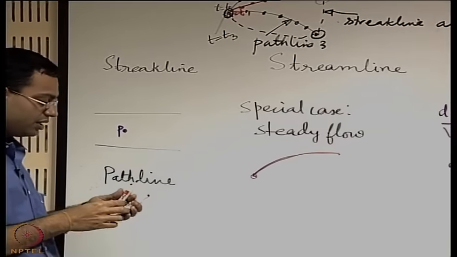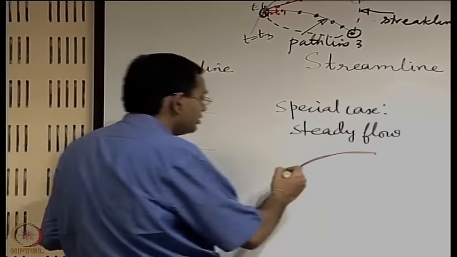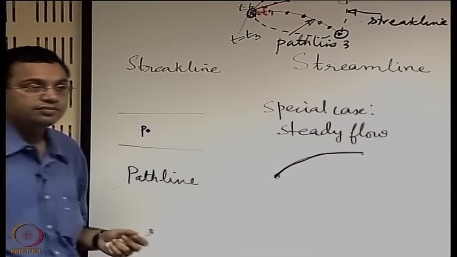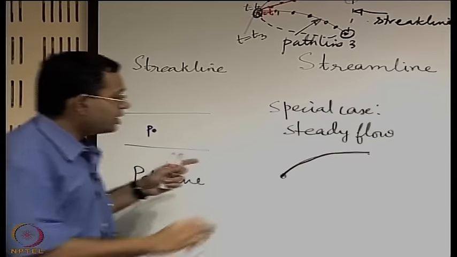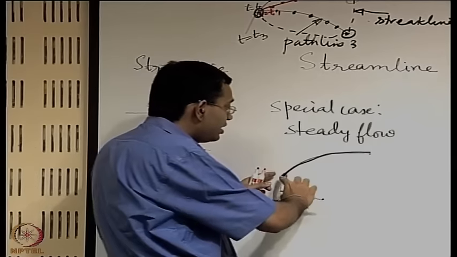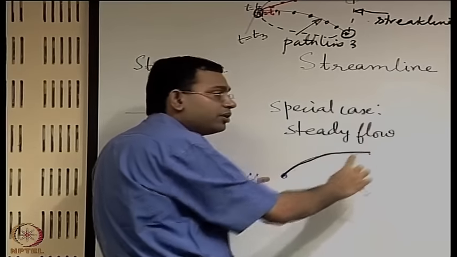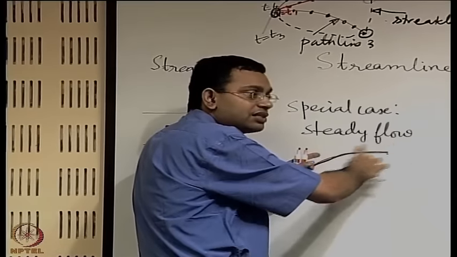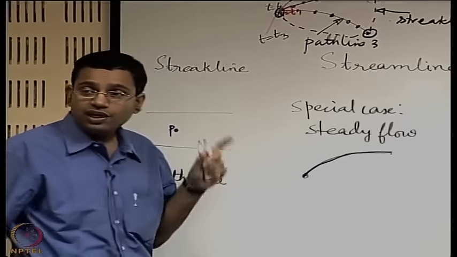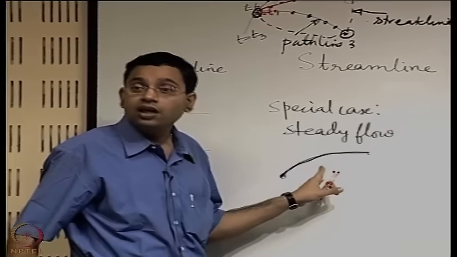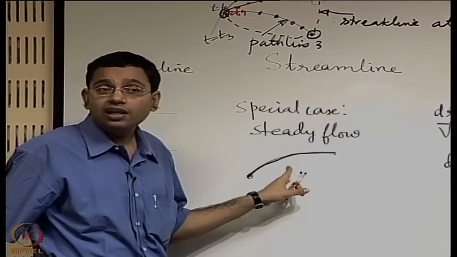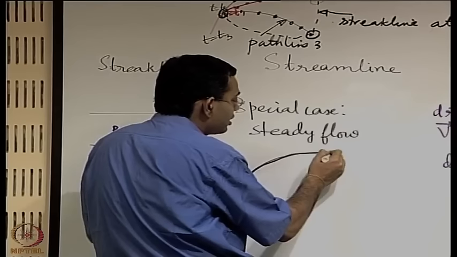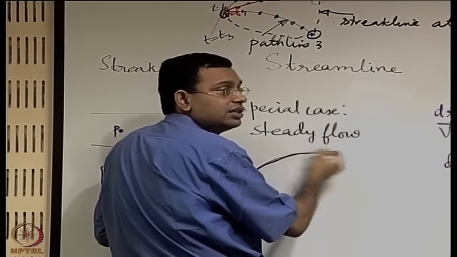Similarly the third one, that is the one injected at t equal to t3, that will also be constrained to follow this line. And what is the speciality of this line? This line is the locus of the fluid particle, so that means at some time tangent to this line represents the direction of the velocity vector. So we can understand that this is also a streamline, this is also the path line, and again this is also the streak line, because whatever are the locations of fluid particles, those are always constrained within this line.